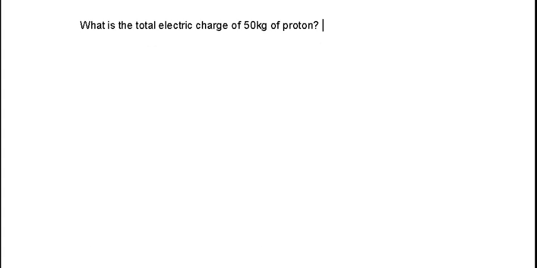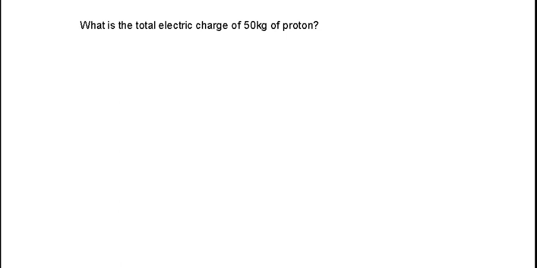Okay, it says, what is the total electric charge of 50 kilogram of proton? So let's go ahead and identify the parameters in this question.